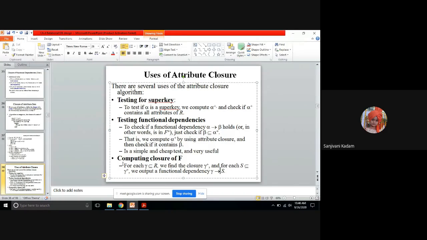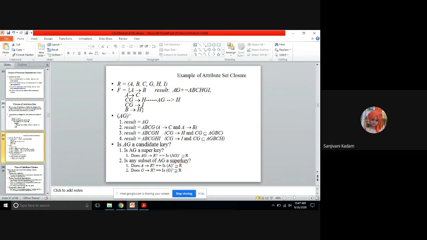So the meaning of the last sentence is that, if we consider gamma as a subset of R, and we find the closure gamma plus, and for each S that is a subset of gamma plus, we output a functional dependency gamma gives S. This means that whatever we calculated previously as A plus, in the A plus we are having only these attributes.